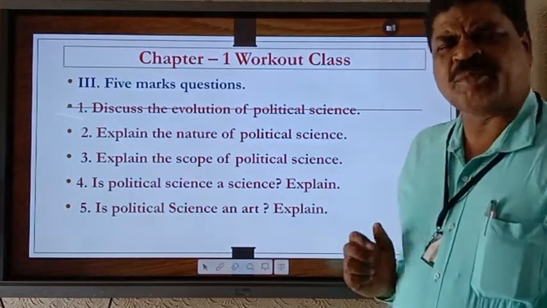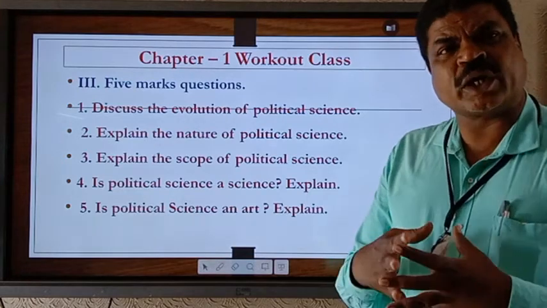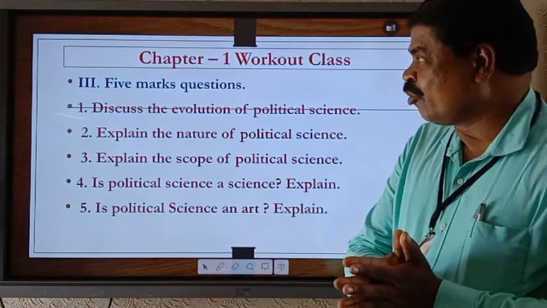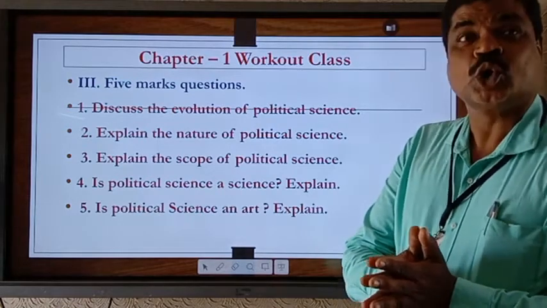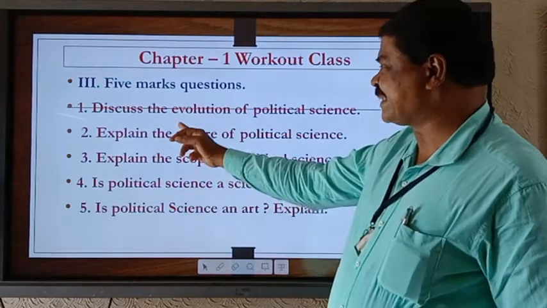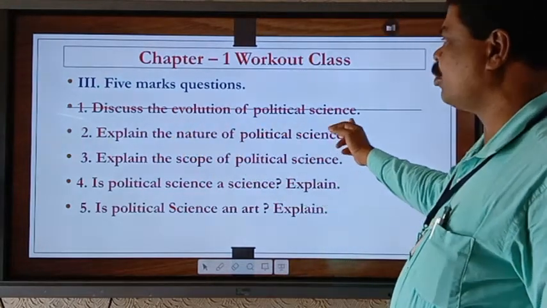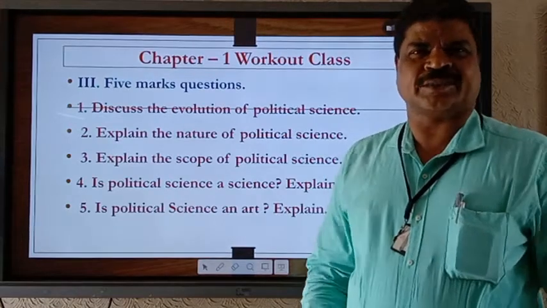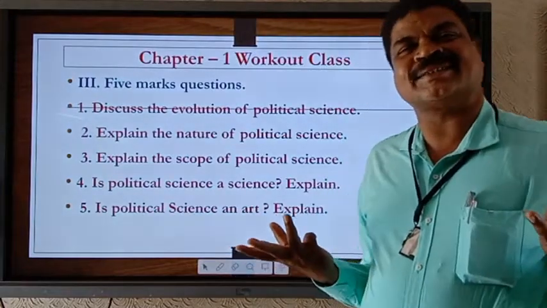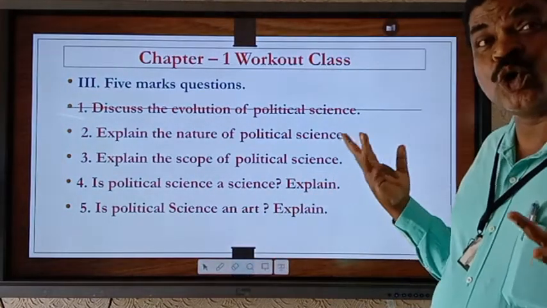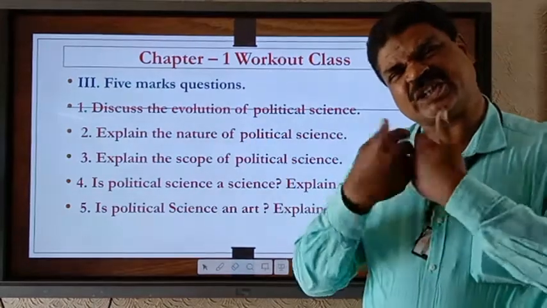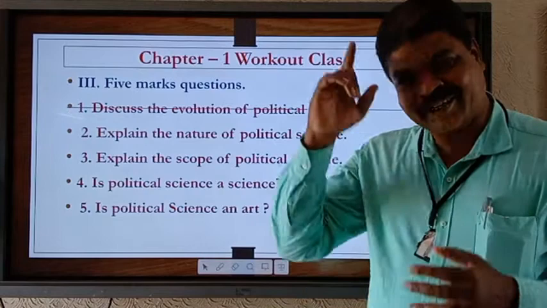When you come across understanding political science in detail in the first chapter, we have to go towards the 5 mark question, that is, discuss the evolution of political science. Here, you have to write how it has emerged as a systematic science, when the trio began to teach their own philosophy to their own fellows in Greece.